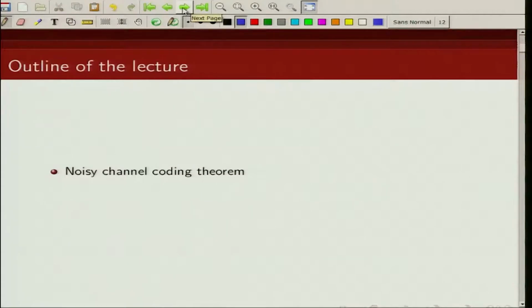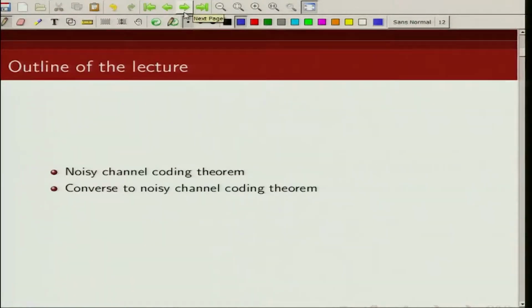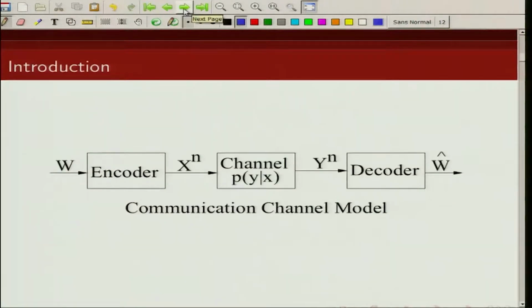So, we start our lecture with some basic definition and model of the communication channel that we will consider. W is our message that we want to send. It's encoded using this encoder, and X^n is our code word that is transmitted over a discrete memoryless channel whose channel transition probabilities are given by p(y|x).